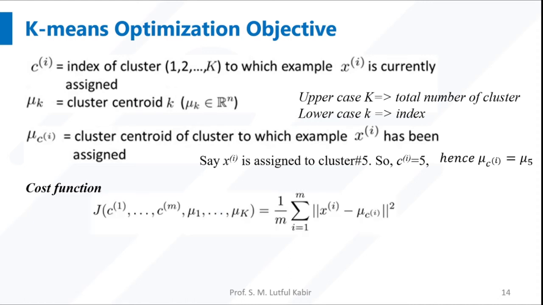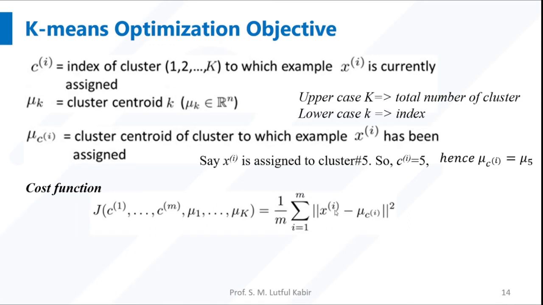So the cost function is defined by the distances of each and every xi from mu ci, and i will vary from 1 to m. For every xi there is a cluster centroid and you take the difference, and this cluster centroid has to be corresponding to that xi.